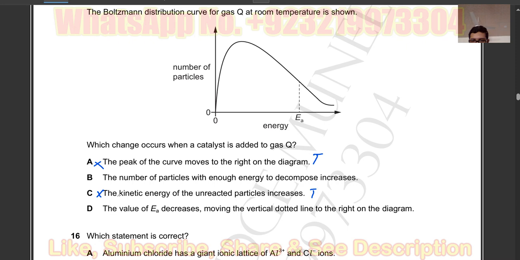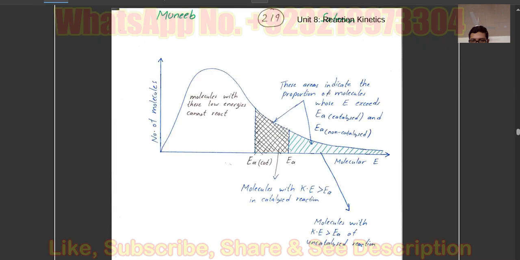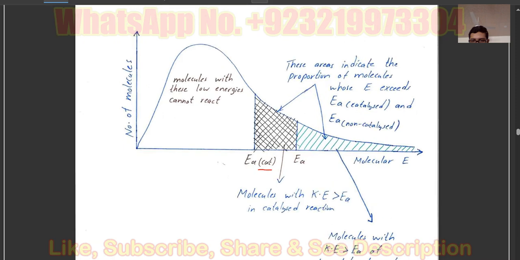The D option says the value of the activation energy decreases, moving the vertical dotted line to the right on the diagram. Now we have to check the application of catalyst. Okay, now again back to my notes. You can see that there is a Boltzmann distribution curve graph here, and you can see there is a mention of cat overhead, which means catalyst, and this activation energy is in the presence of catalyst, and this activation energy is in the absence of the catalyst.